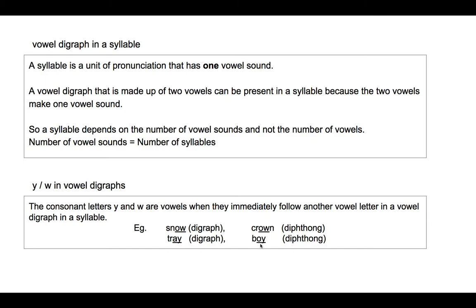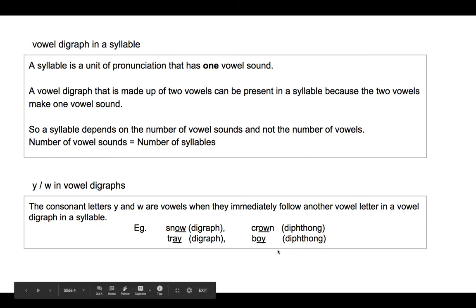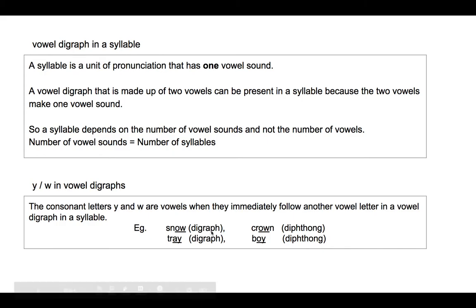Boy, b, oy. Here the vowels O and Y make the sound oy. It is a new sound. So here I have used the terms digraph and diphthong. We will be discussing this in the next few slides.